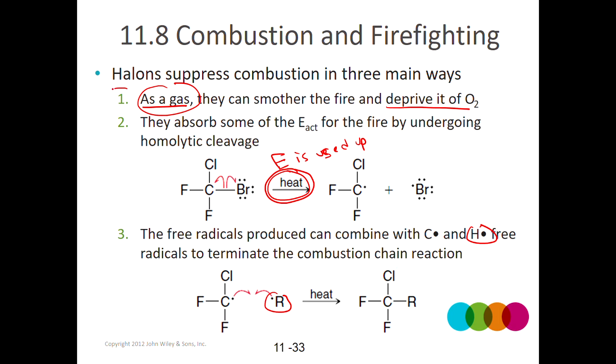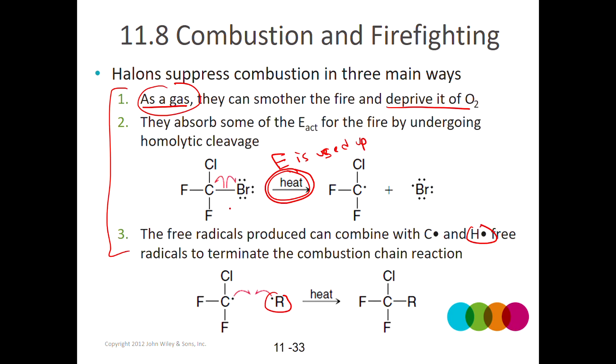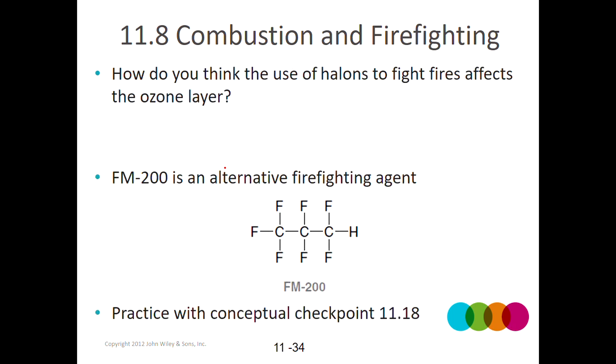So you definitely would be familiar with those three in case I ask you a question about that. Some of these halons, though, are a problem, because if they're a gas and they eventually do float up into the upper atmosphere, and then they break up due to light from the sun producing radicals, they could mess around with the ozone layer and interfere with that cycle, the ozone cycle.